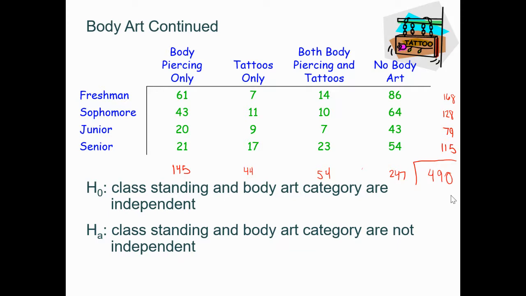So for the expected counts, we have to do row times column divided by grand total for each cell. For instance, for the freshman, body piercings only, you would have to do 168 times 145 divided by 490.